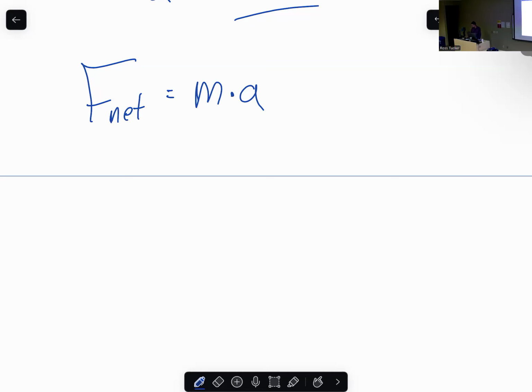Okay, that has been beaten into brains. M times g is the weight force. As a vector, negative mg, it's downward. Weight is a downward force. I would accept mg or negative mg, as I did not say the vector and I didn't say the magnitude. What I was thinking inside my little head is magnitude.